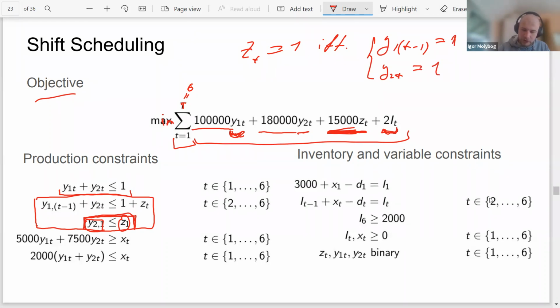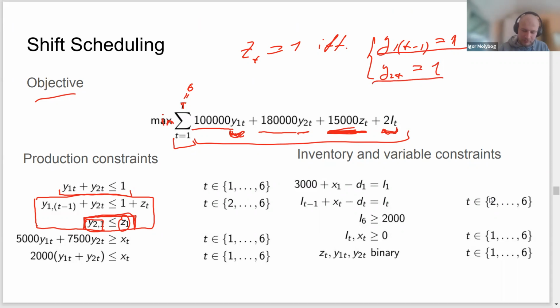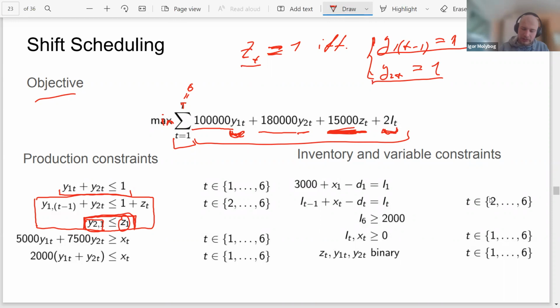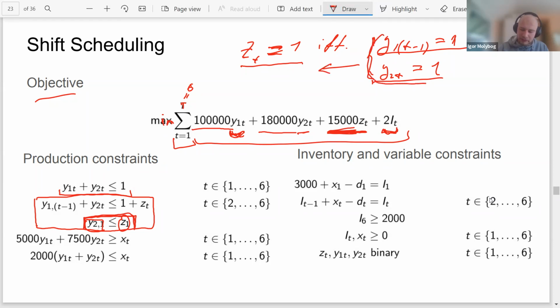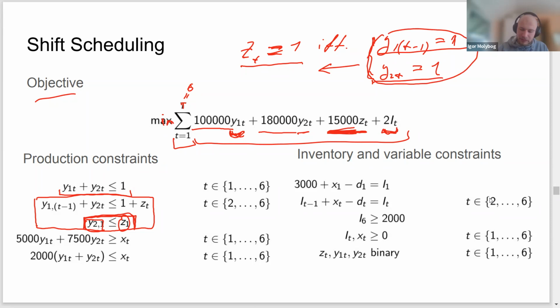So we have switched from a normal shift in the previous time step to the extended shift in the current time step. If we did not make this shift, it would not make much sense to make zt equal to 1, because it would worsen our position. So we only need to enforce this statement in one way. If we have this condition hold, then zt must be equal to 1.